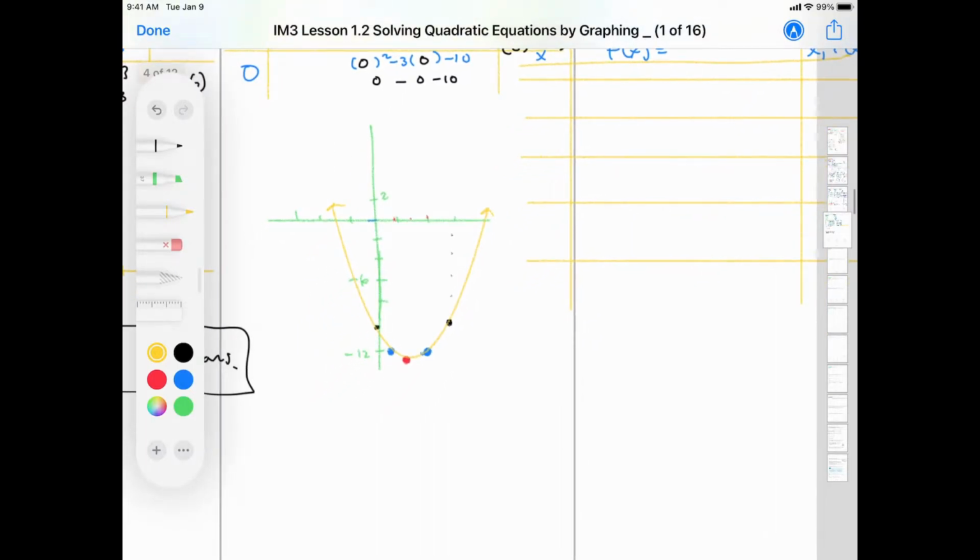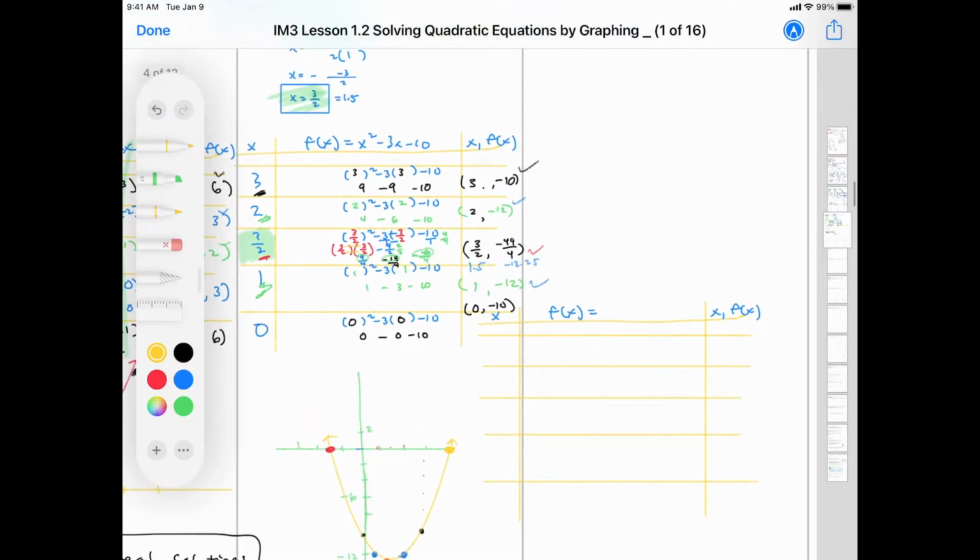I can just say for now that I have 2 real solutions. I don't know what this red one is, and this yellow one. But we're going to learn this, so I might as well just show it to you.